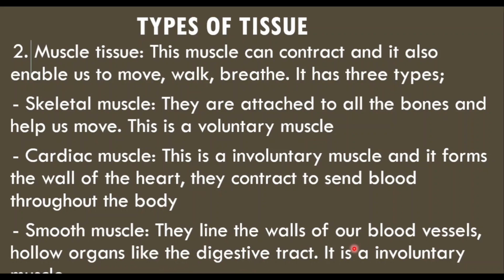So they cover the tracts and they squeeze substances. They allow substances to pass through by squeezing, contracting, and relaxing. So for example, in your digestive tract, when you eat your food, for it to pass and go to the stomach, there are smooth muscles that line the tract that enable it to go down to start the digestion process.